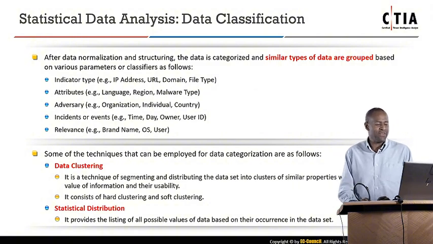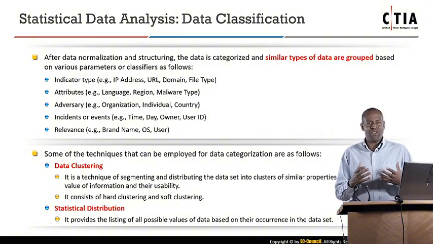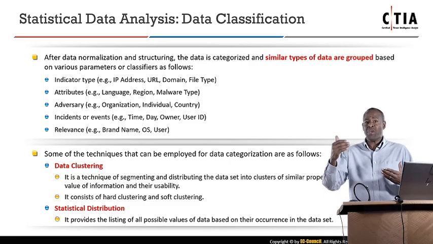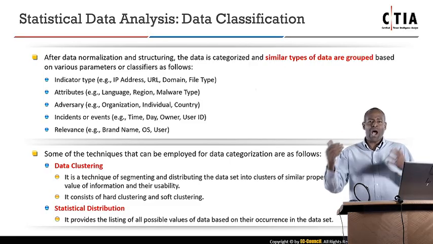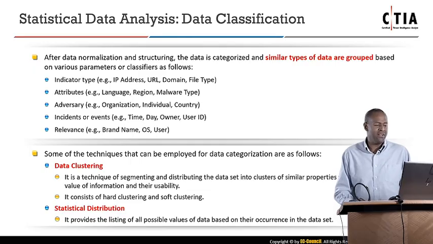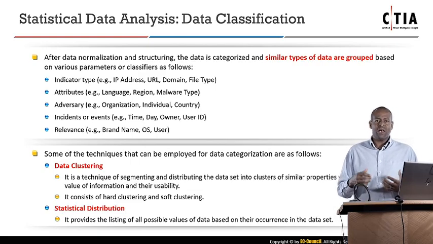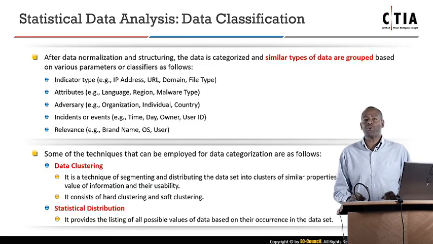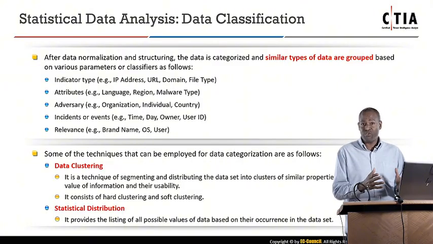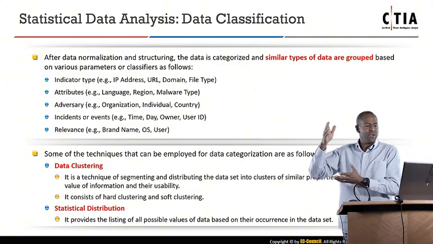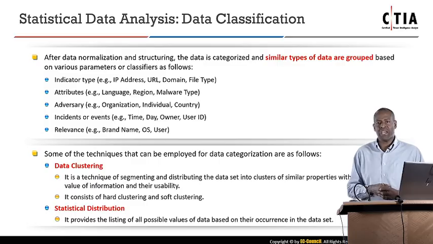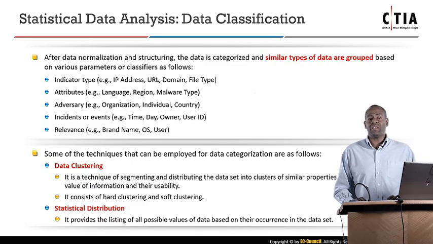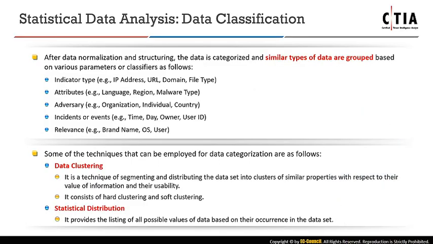And we also have the incidents, the time of day, the owner. Perhaps we see who they're attacking, what times of day they normally attack. And then we have the relevance. So for instance, they usually attack Linux servers of a certain type. So we take that, which is different from another set of classification indicators, parameters, right? And so that helps us to group these different types of data into different groups.